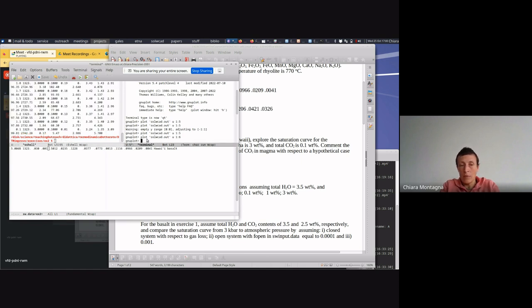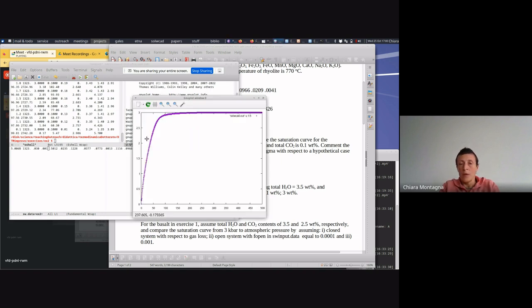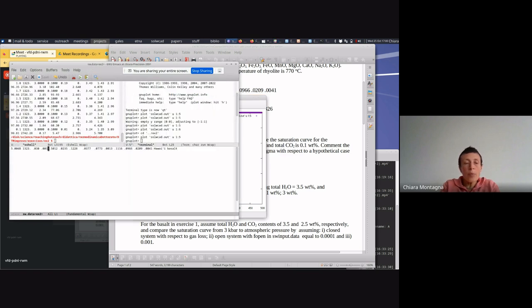And let's plot it. We need to change directory for a new plot again and plot the same thing. This is solubility for 0.1% of carbon dioxide. What if we put carbon dioxide to 0? What happens?